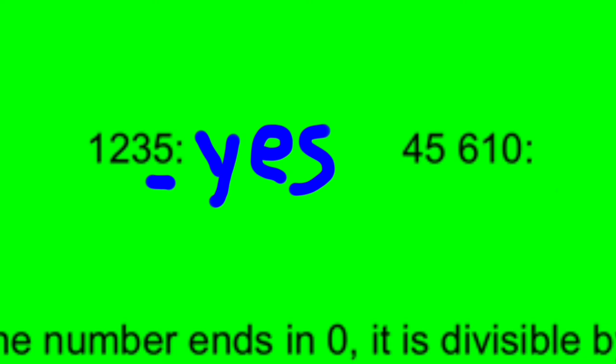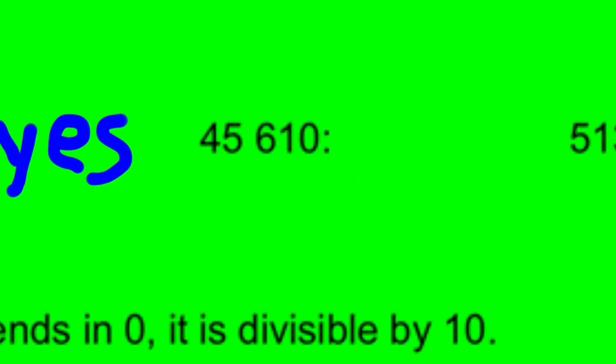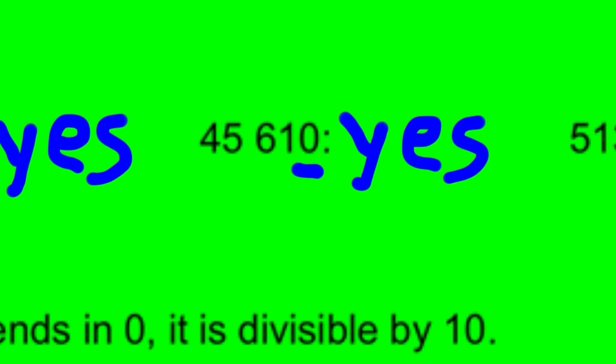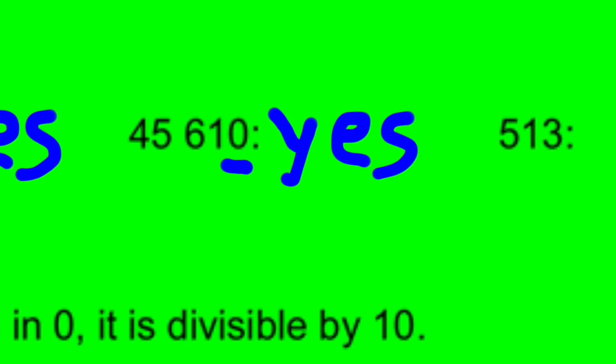We will say yes. And if we look at this example, 45,610, the last digit is a 0, so we say yes, it's divisible by 5. And then 513, the last digit is a 3. It's not a 0 or a 5, so we say no, that number is not divisible by 5.